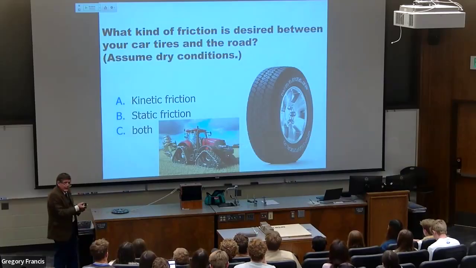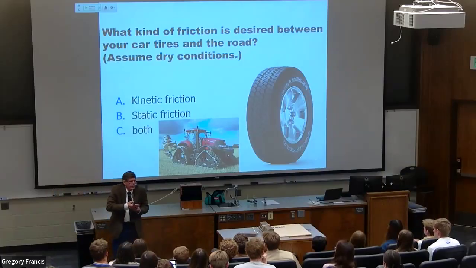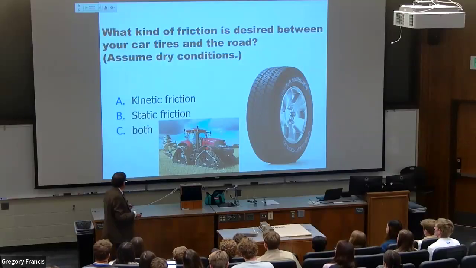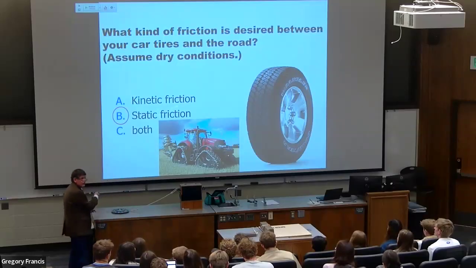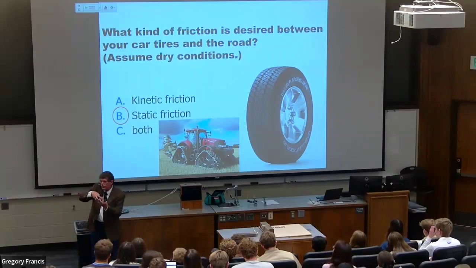The part that's in contact with the road is just a smaller surface, but you don't want any movement between that bottom of the wheel and the road. That's what causes the screeching as you're spinning your wheels, okay? And so what we want is just static friction. Just static friction. You want no motion between the bottom of your wheel and the road.